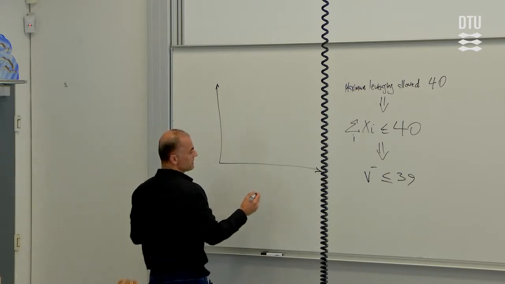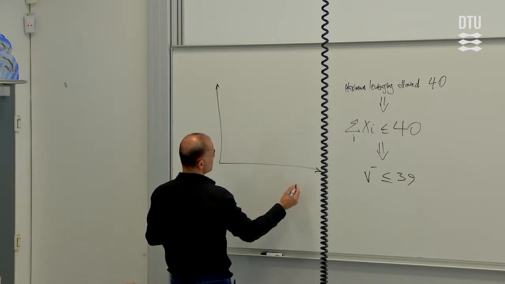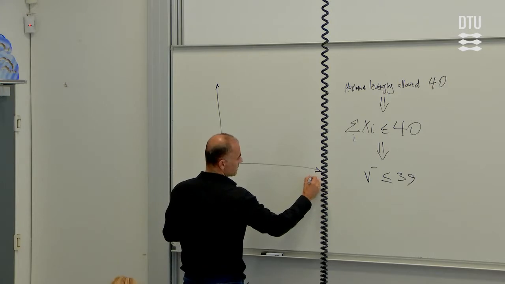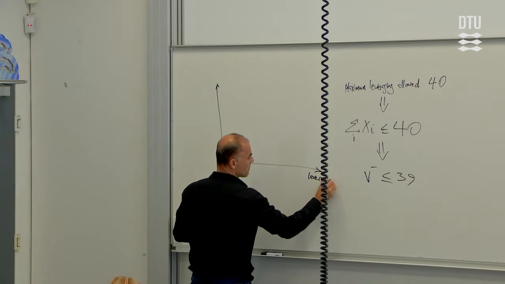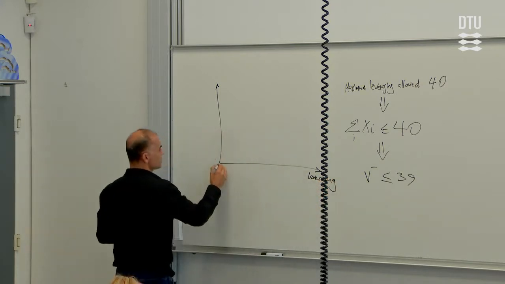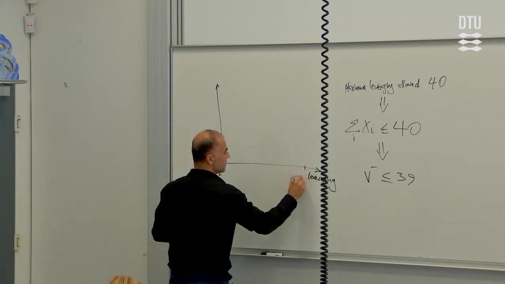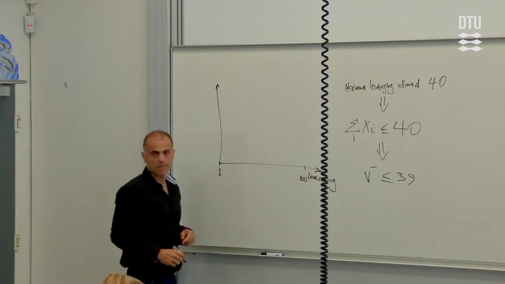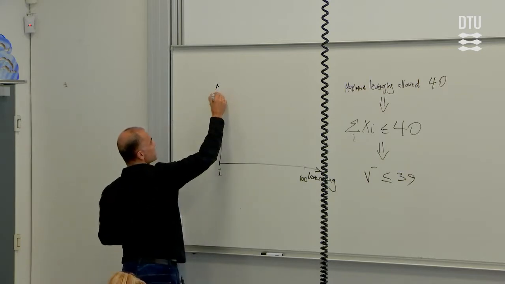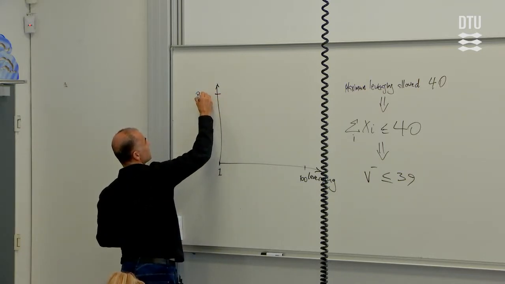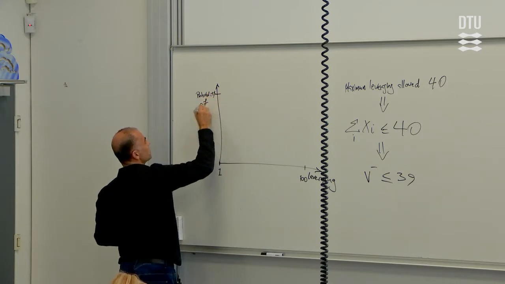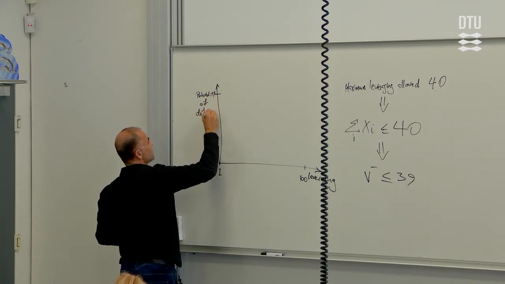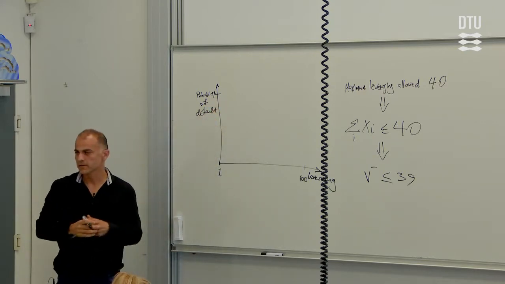So you can draw a graph like this, where this is the level of leveraging. You start from, let's say, 1, and it goes to, let's say, 100, right? And this is your probability of default, so this is the probability that you lose all your money, right?